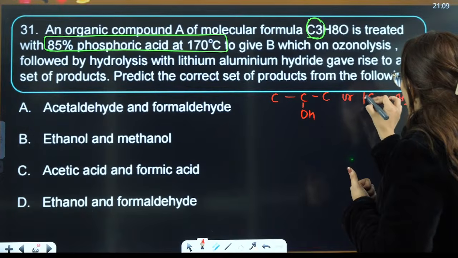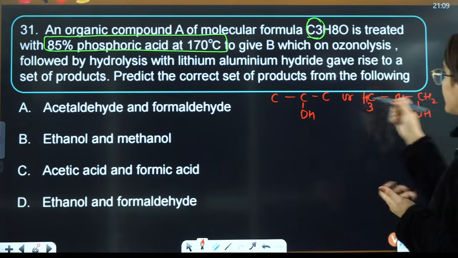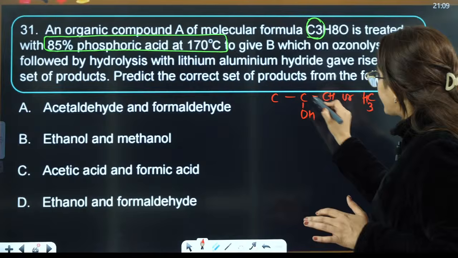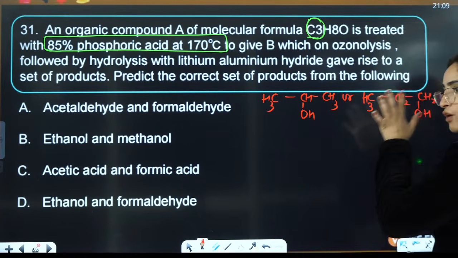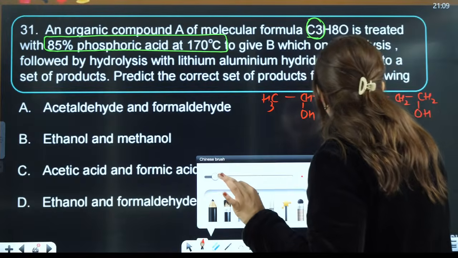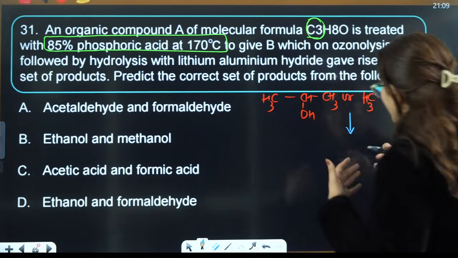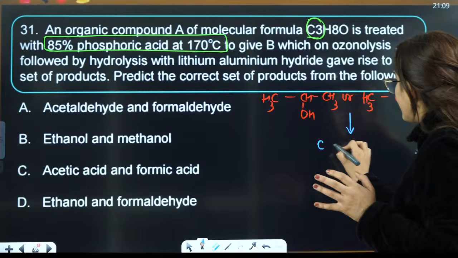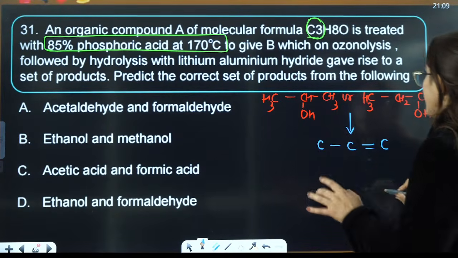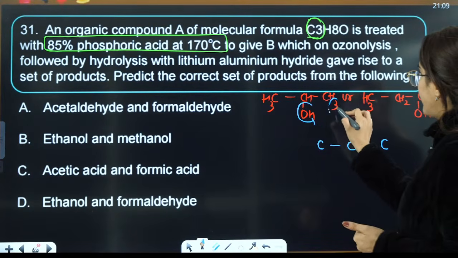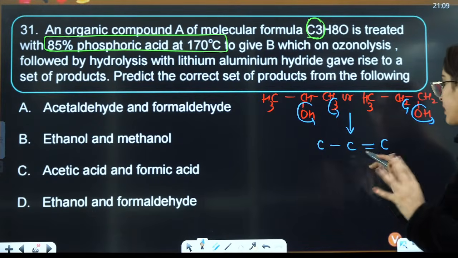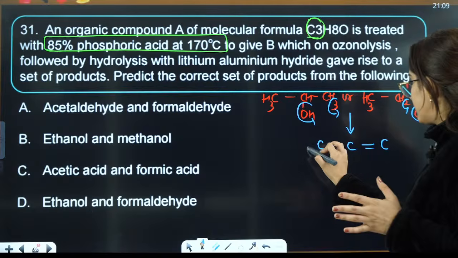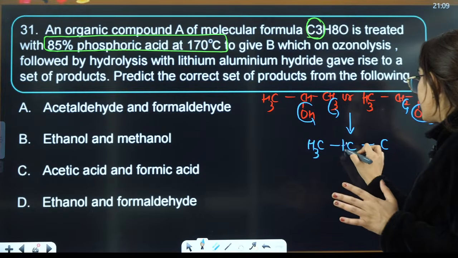I don't know whether this alcohol is there or that alcohol is there, but one thing I am sure about: whatever alcohol is there, it is definitely going to give you this alkene. If you take out water from here, or from here, it is the same thing. You'll always have propene, whatever the alcohol is.